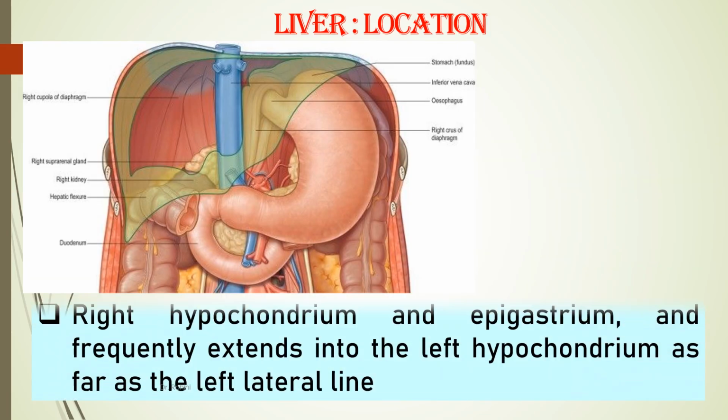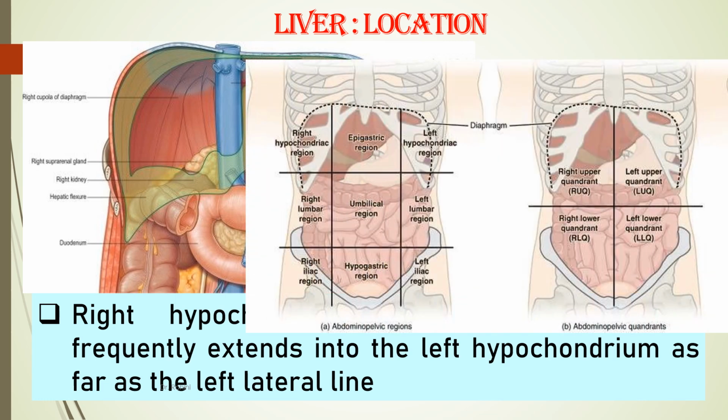Location. It occupies the right hypochondrium, epigastrium, and frequently extends towards the left hypochondrium as far as the left lateral line. This is the normal location. I hope you understand all these quadrants. This is the right hypochondrium, epigastrium, left hypochondrium, left lumbar region, left iliac region, hypogastric region, right iliac region, right lumbar region, and umbilical region.